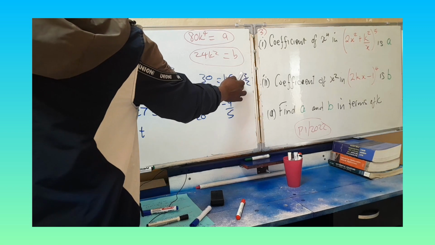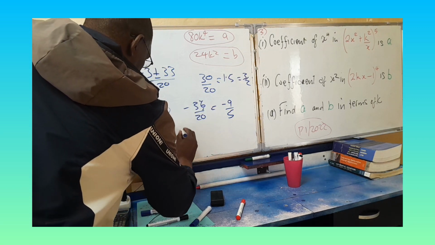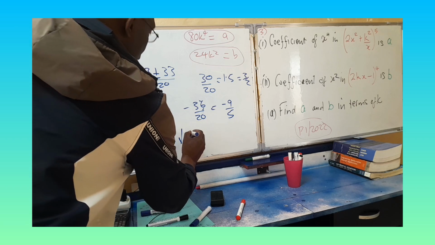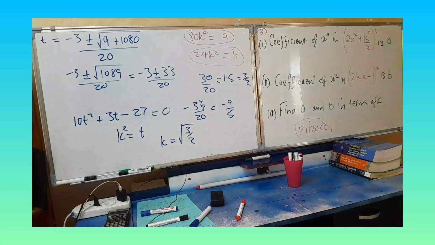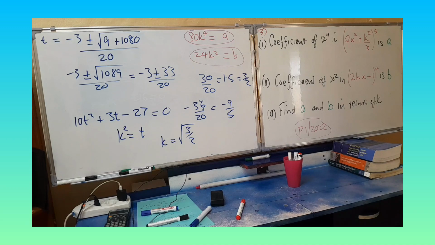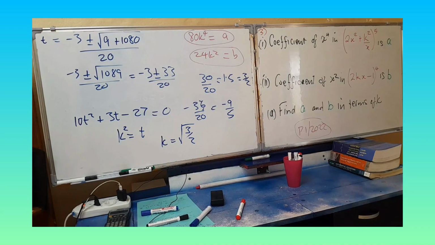So the only possible value of k is the root of 3 over 2. That's the only possible value. This one is impossible because it gives us an imaginary number.